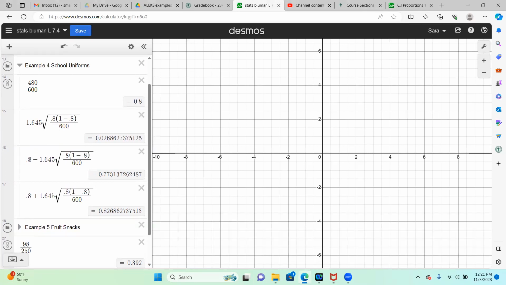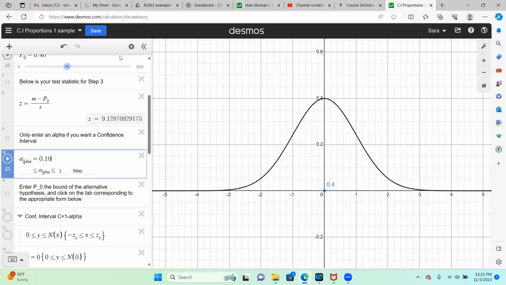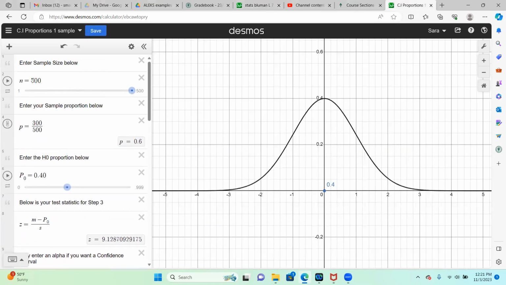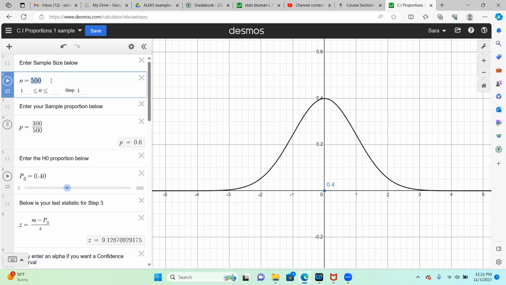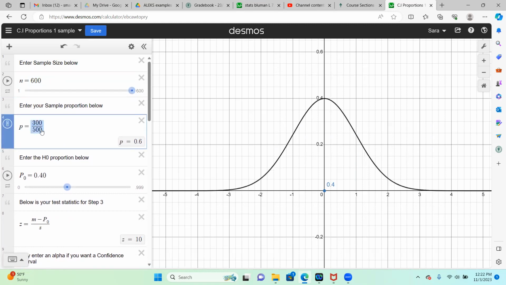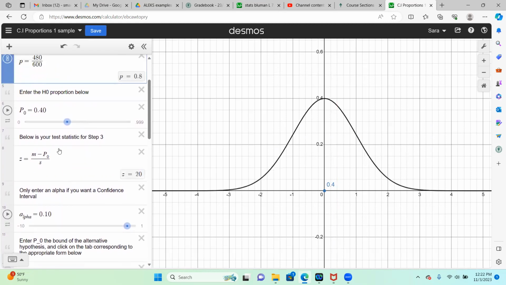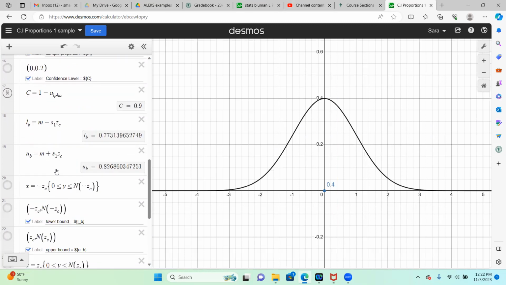And we can just go to our computer program here and type this in just as easy. So we have 600 in our sample. And our P hat was 480 divided by 600. There's our P hat 0.8. And there's our alpha. And we can just go straight down to our lower and upper boundary.